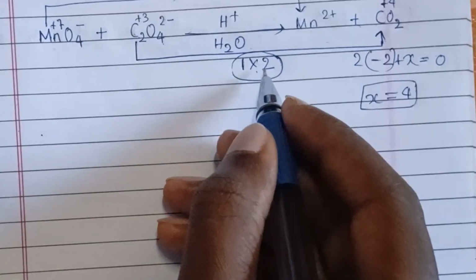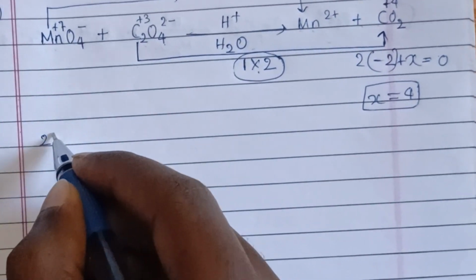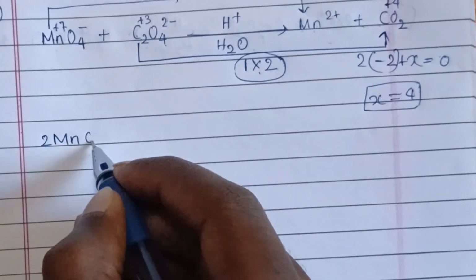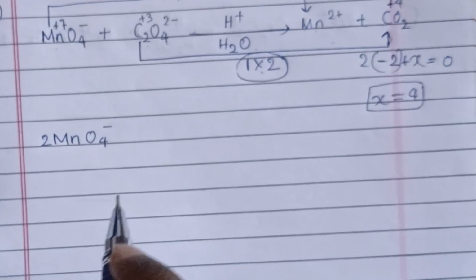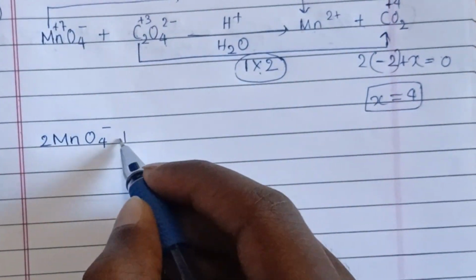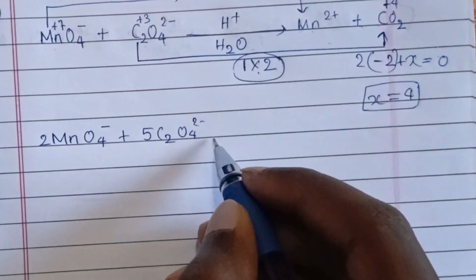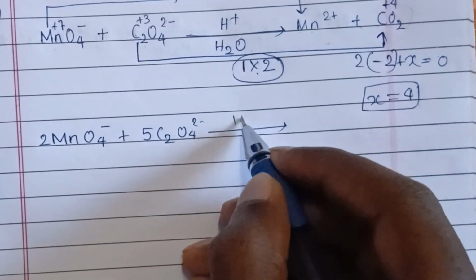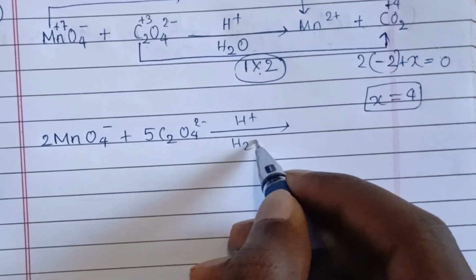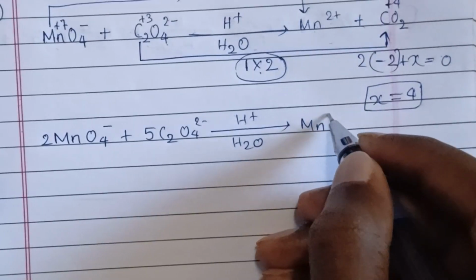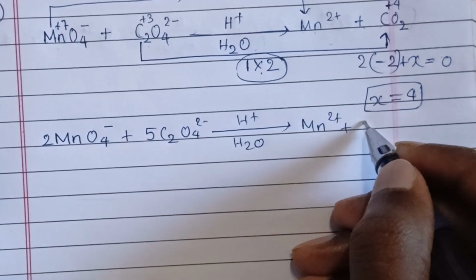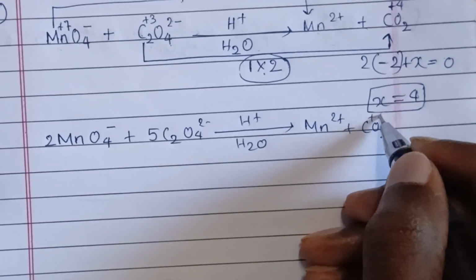As you can see now, I will multiply 2 to this compound MnO4 minus, and the 5 to this compound C2O4 2 minus, and the rest of the reaction will be remaining as it is. As you can see, everything will be remaining as it is. So this was the second step.